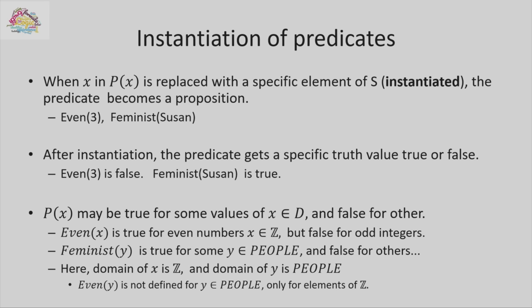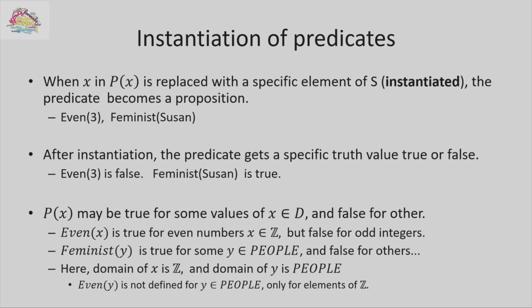And the predicate may be true for some values of x in the domain and false for others. For example, even of x is true for even integers, false for odd integers. Even of 4 is true, even of 5 is false, and so on. Feminist of, let's say, y, to use another variable, is true for some people and false for others.